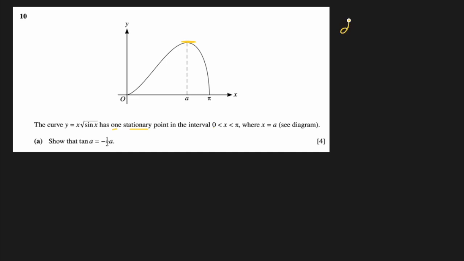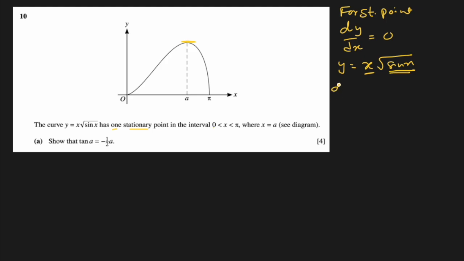So we know that for a stationary point, dy/dx has to be equal to 0. Let's find dy/dx of what they have given. So y is x√(sin x). This has a variable x and this has a variable x, so that means they're multiplying.